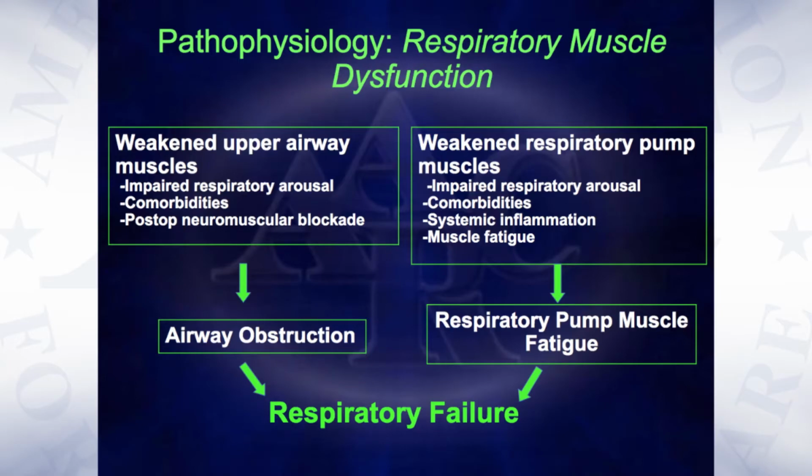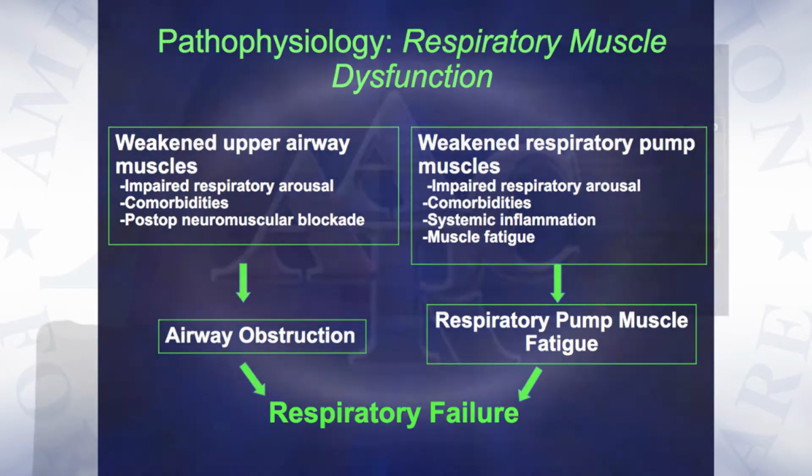The pathway on the left suggests weakened upper airway muscles. That can occur because of impaired respiratory arousal, patient comorbidities, and residual postoperative neuromuscular blockade. This leads to airway obstruction, ultimately resulting in respiratory failure if an intervention does not occur.